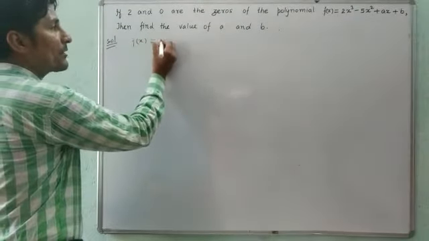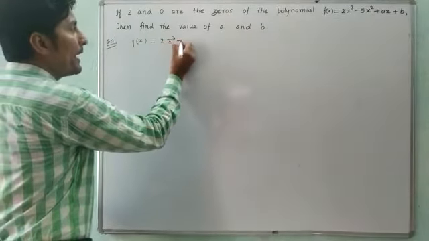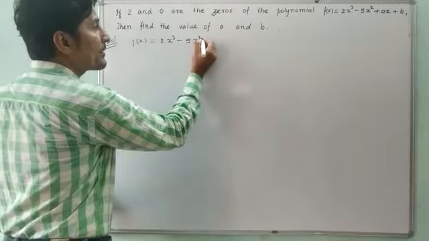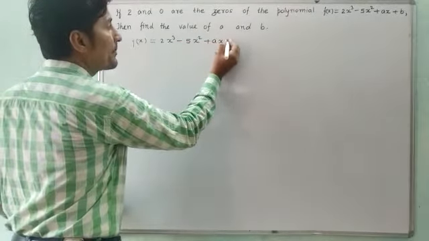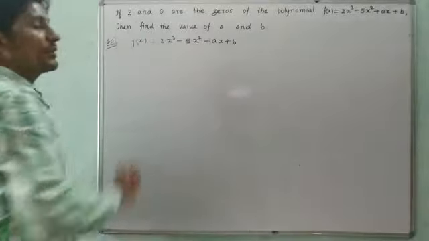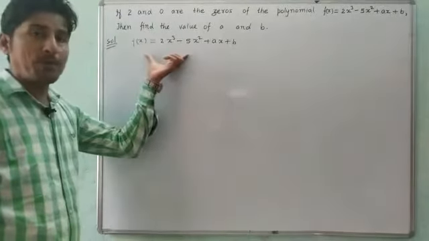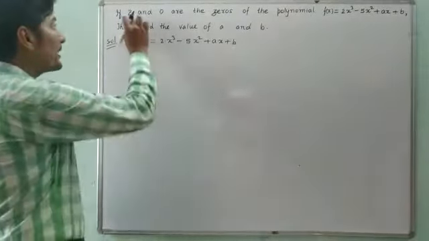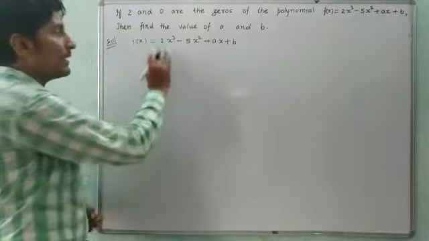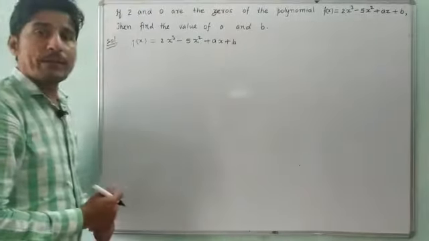Polynomial f(x) = 2x³ − 5x² + ax + b is given. Since 2 and 0 both are the zeros of this polynomial, if we put the value x = 2, then the entire value of the equation will become 0.